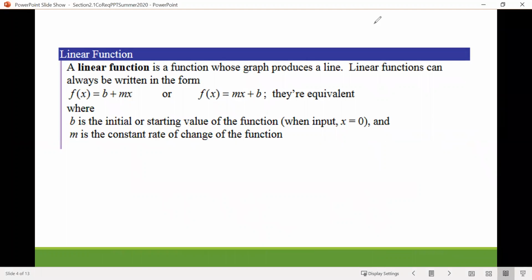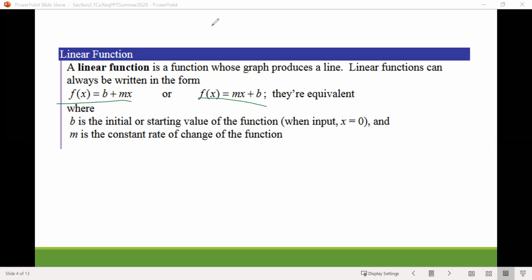Okay, so as I mentioned, a linear function is what we're looking at in this section. And as it says here, it's a function whose graph produces a line. We've seen that before. And then we're told that linear functions can always be written in the form f of x equals b plus mx, or you're probably more familiar with f of x equals mx plus b.